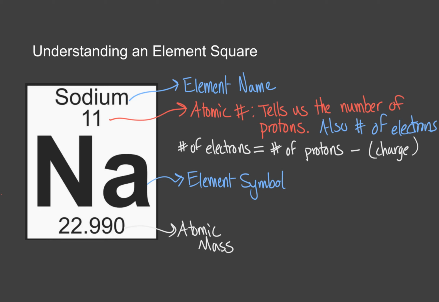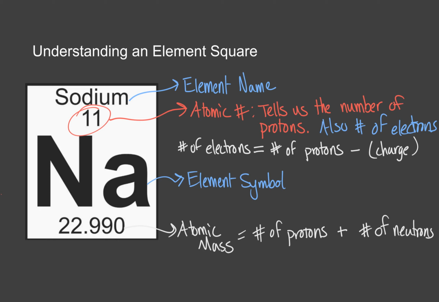Atomic mass, on the other hand, equals the number of protons plus the number of, not electrons, of neutrons. And this is really important because we already know the number of protons, so this is a known in this equation.